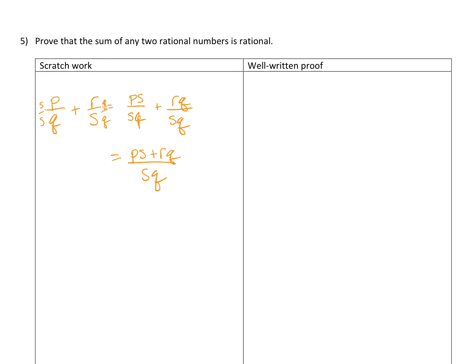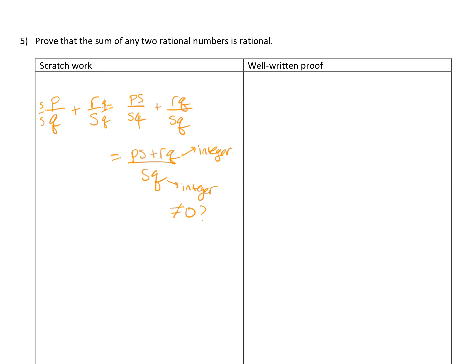And then ps plus rq, that's an integer because it's just products and sums of integers. And sq, that's an integer because it's just a product of two integers. And sq has to be non-zero to satisfy the definition.